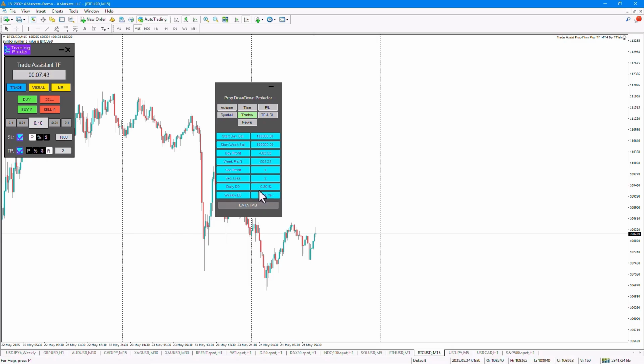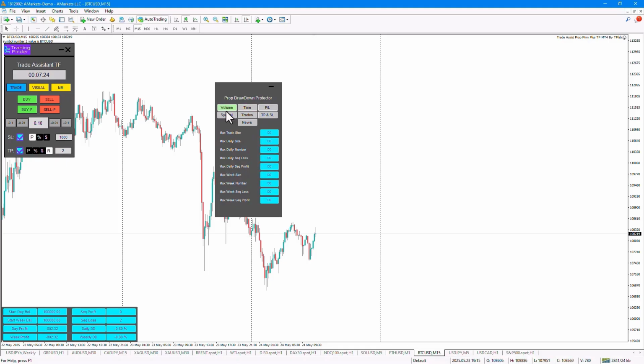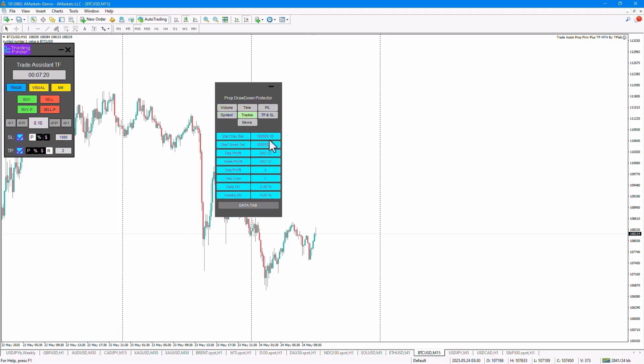As soon as we enter a trade, it identifies the daily drawdown and weekly drawdown for us and displays them in this section. By clicking on the Data tab, the information contained in this tab is also displayed for us in the lower section, making it easy to use the other tabs as well.